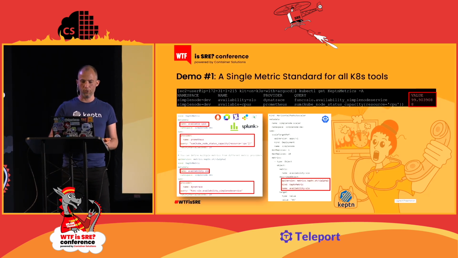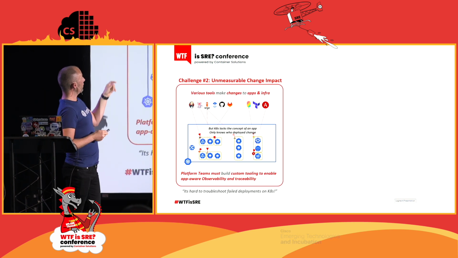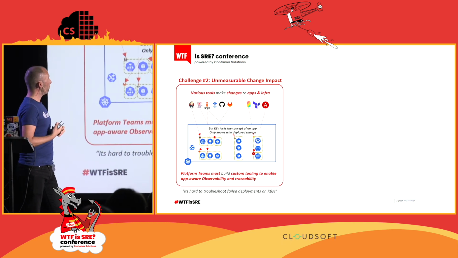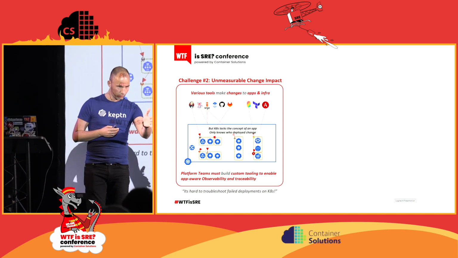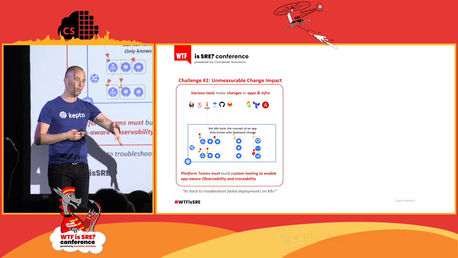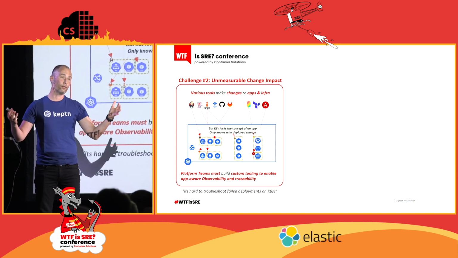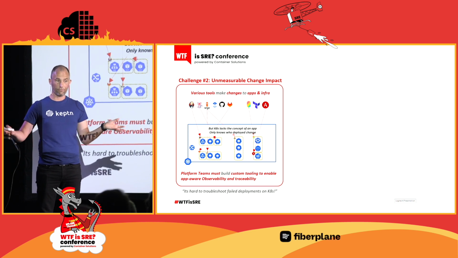So that's the first demo and the first use case that I highlighted. The second use case that I have is unmeasurable change impact. So I assume, when you work with Argo, it makes changes, but maybe you have other tools that make changes. Maybe you even have somebody who dares to remote into a machine and then makes changes with kubectl apply or something natively.